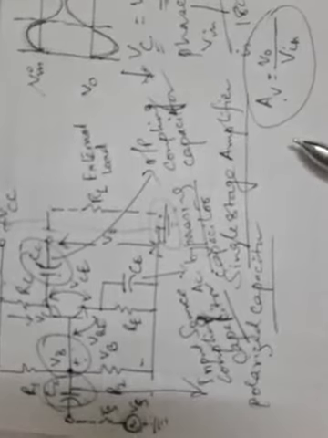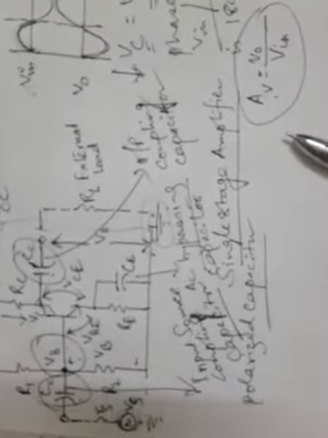So to draw the AC equivalent circuit, we have to remove the capacitors and replace them with a short, because for AC signal passage, these capacitors will act as AC shorts. For DC, capacitors will be in open condition, for AC capacitors will be in shorted condition. So the AC equivalent circuit will have capacitors represented as short circuits.